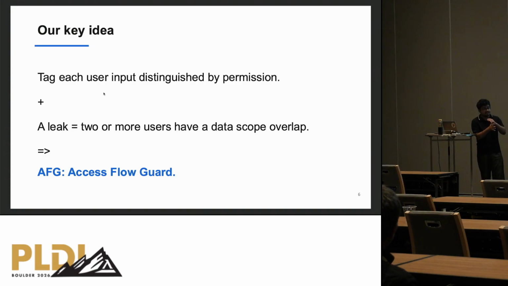So there will be origin tags for all of the users' inputs, and then we use static analysis with those tags and track them throughout the program, to see if a tag has been reached by two or multiple users. If one tag is reached by multiple users, we can say that there may be a data scope overlap, or that this should not happen. So we built a framework based on that. We call it the access flow graph.